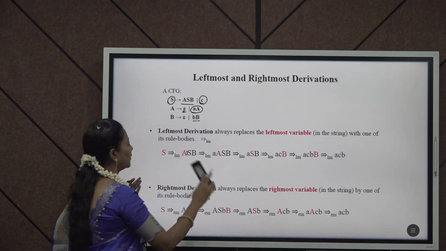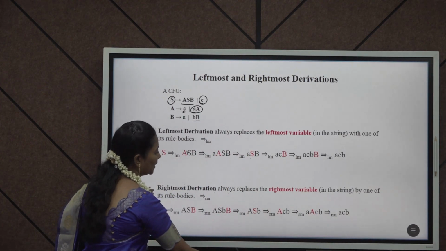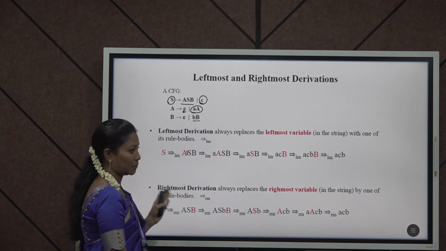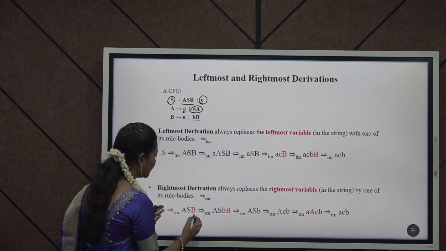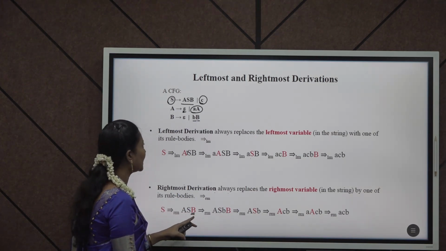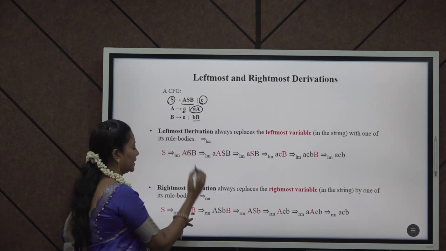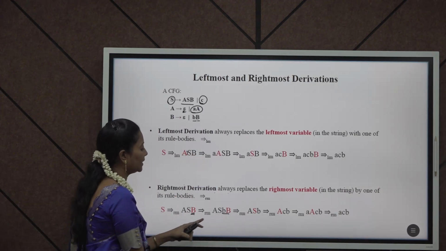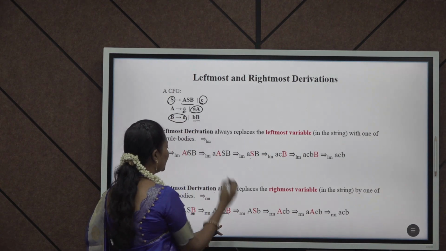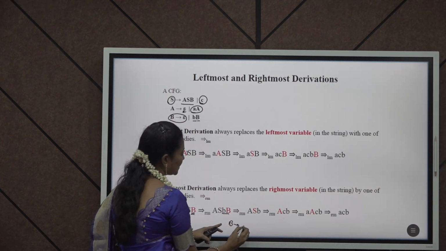And similarly we can perform the rightmost derivation. Here we have to replace the rightmost variable with the rule bodies. So here the rightmost variable is B. So B is now replaced with small b capital B, and again B is replaced with epsilon. So we have this rule body, that is B implies epsilon.